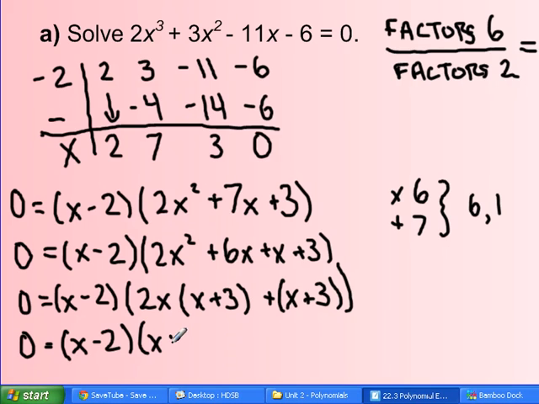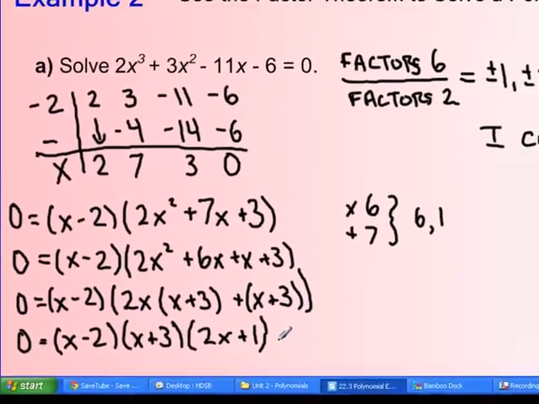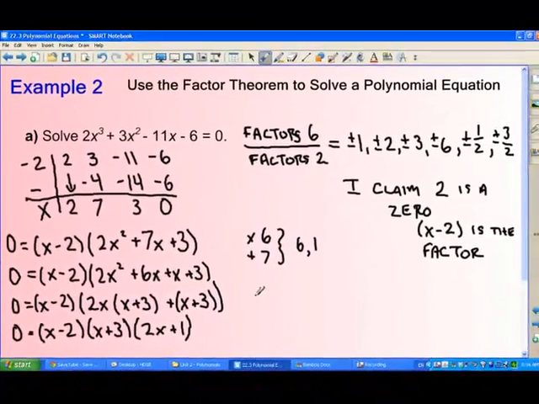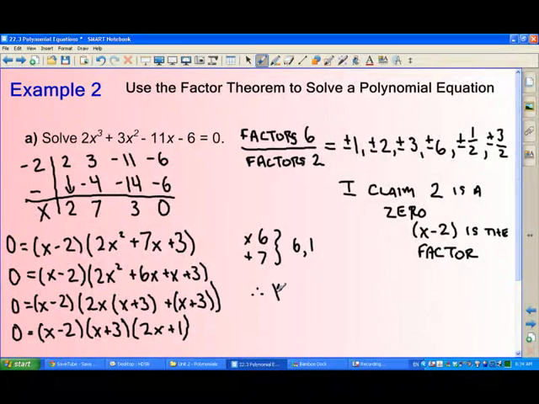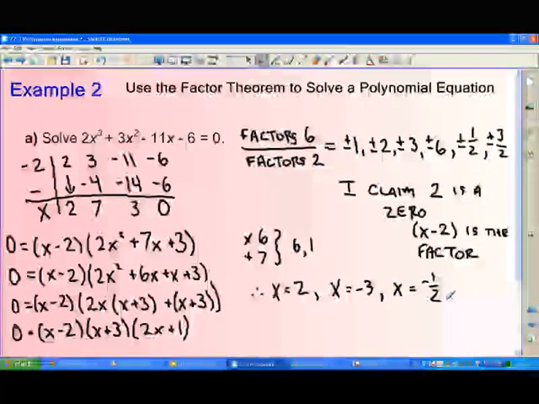And then finally, I end up with three factors. So I can say that x equals 2, x equals negative 3, and x equals negative 1/2.